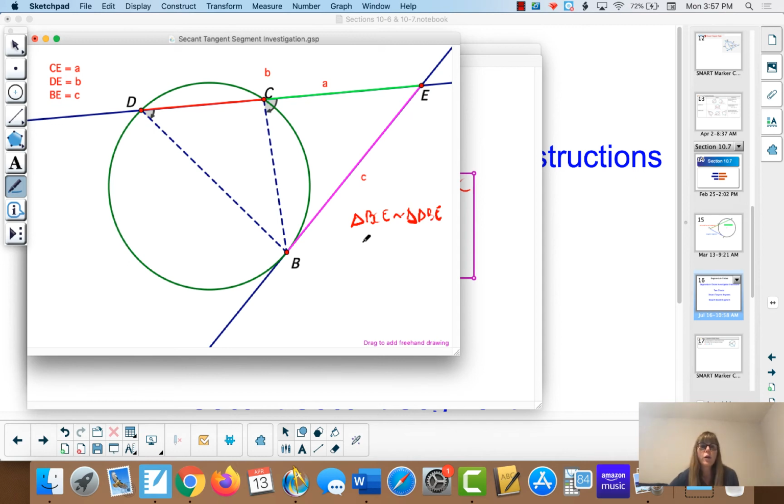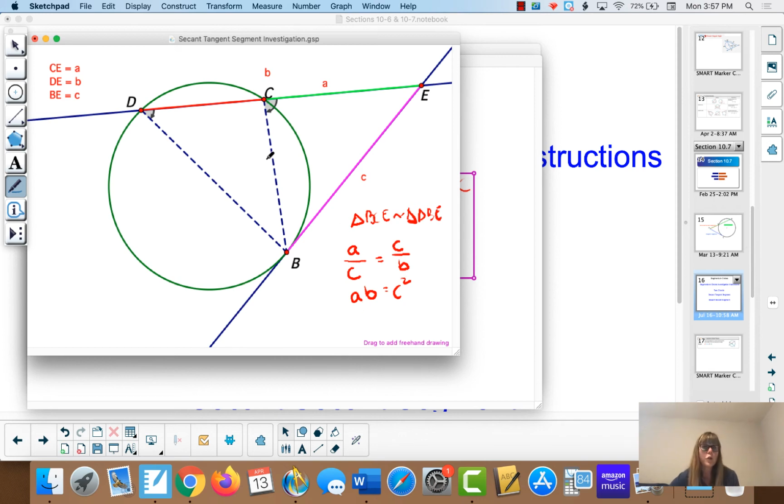So when we make our ratio of corresponding sides, we can say that A, segment CE, goes with segment BE, C, and then we can say segment BE from this triangle, so C once again, goes with segment DE from that triangle, which is B. When we cross multiply, we get A times B equals C squared.